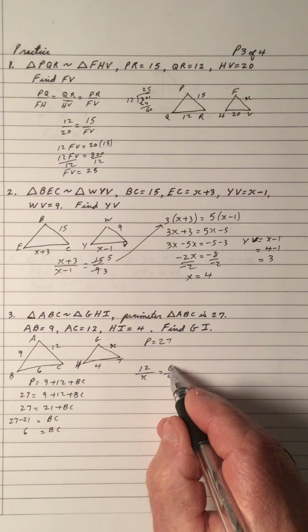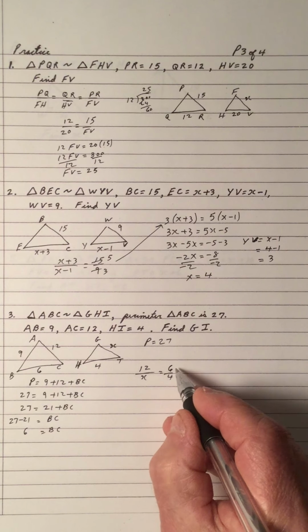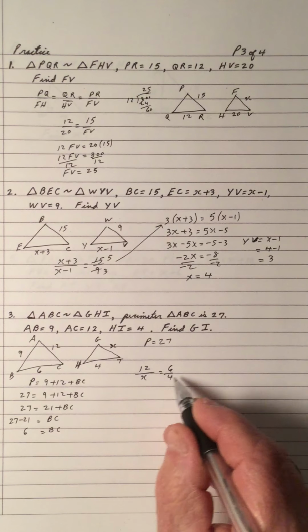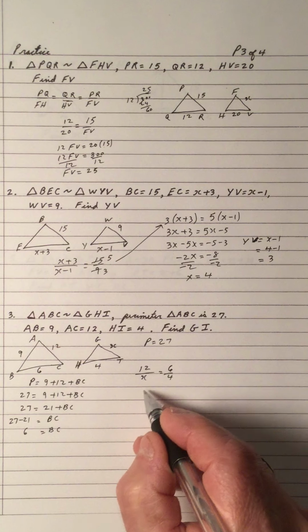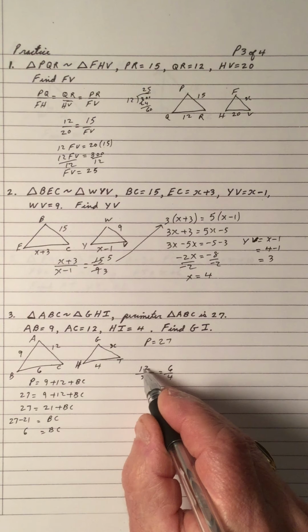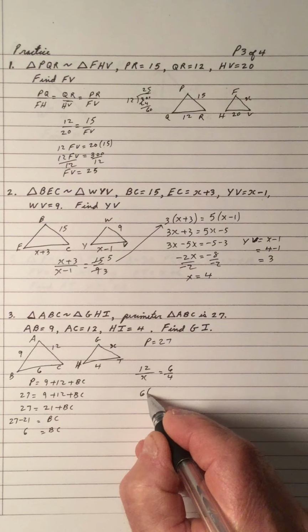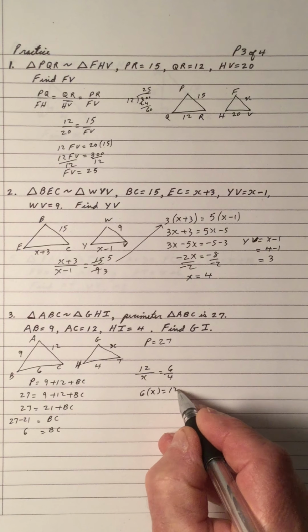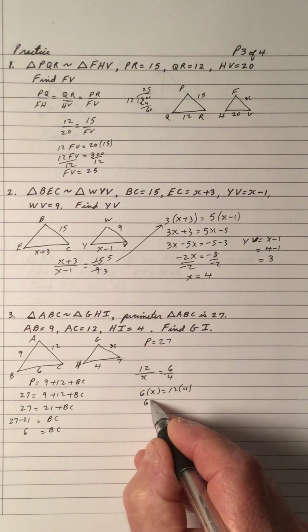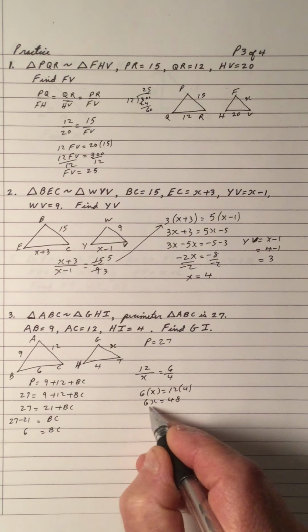You can reduce 6 over 4 or leave it like that if you want. The numbers are not big. So 12 times 4 equals 6 times x. Or I can go 6 times x equals 12 times 4. 6x equals 48.